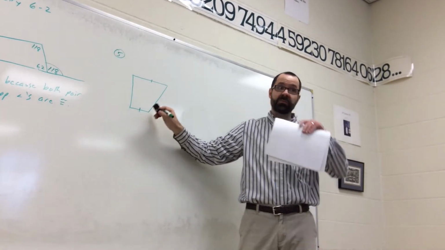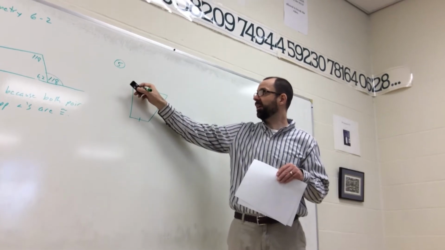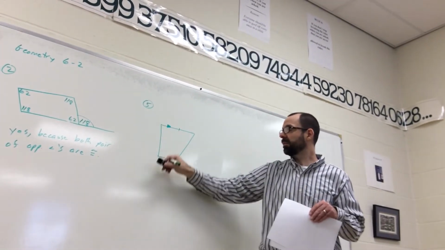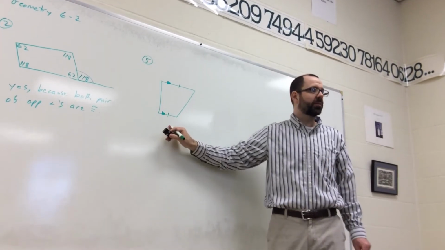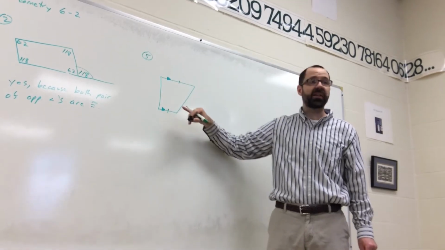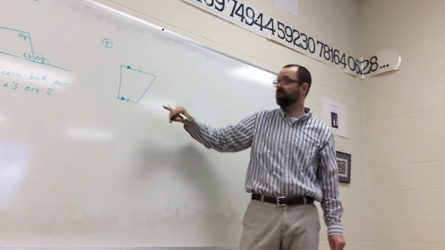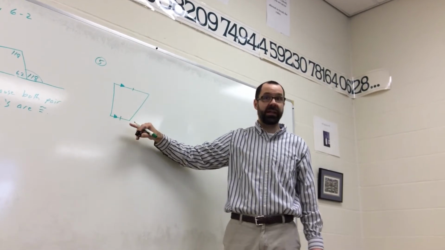Doesn't look like it, but that's what the facts are. Okay, then there's a heavy arrow here. And there's a heavy arrow here. What do the heavy arrows mean? Yeah. It means that that line is parallel to that line. Okay, so we have some information about this side and this side. They're congruent and they're parallel.